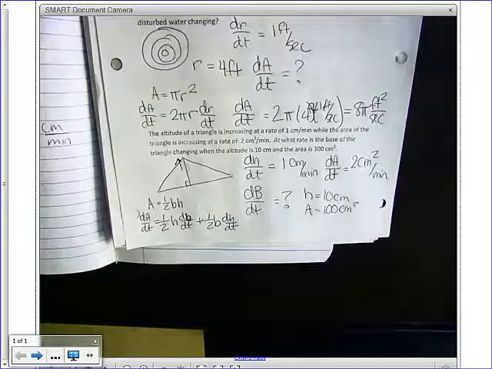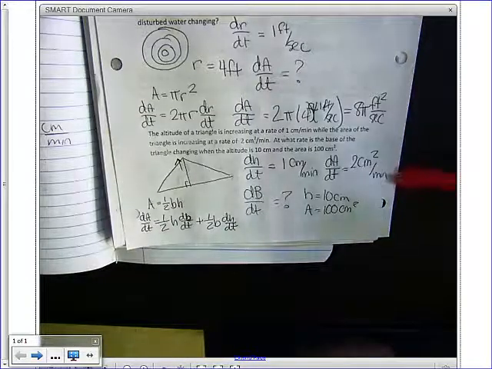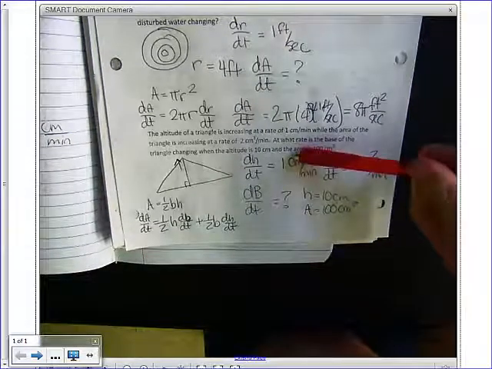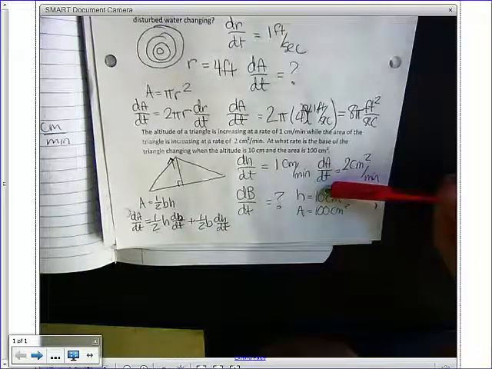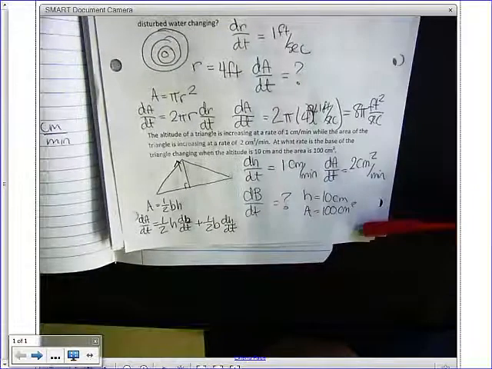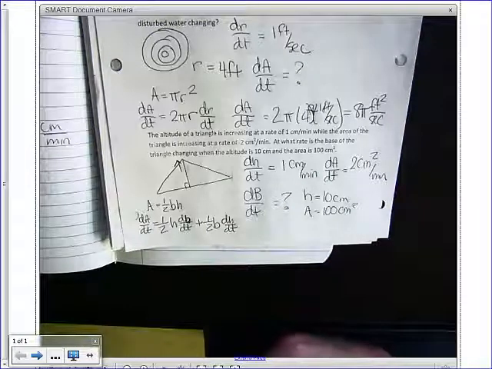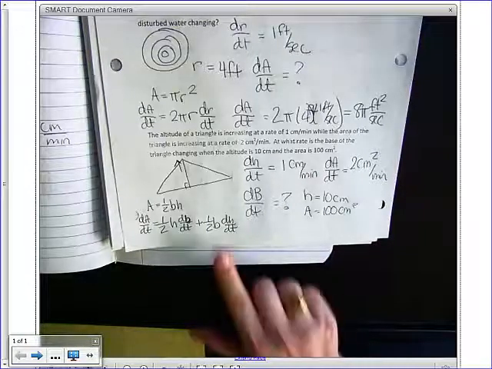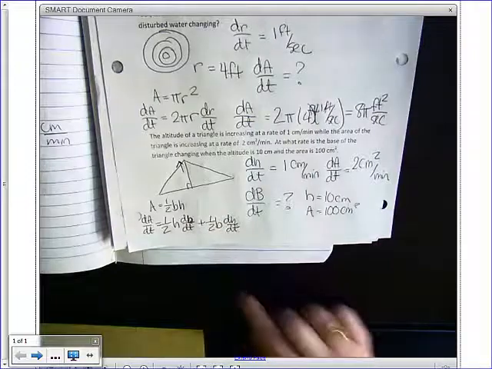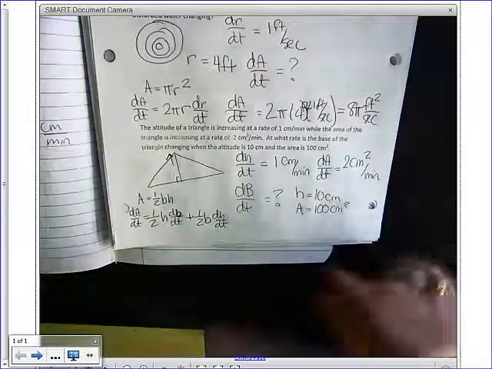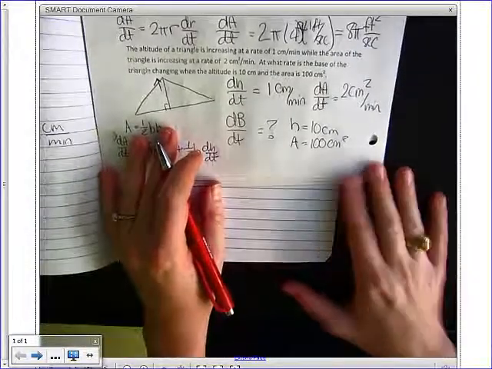Okay, let's see what I know to plug in. I know dA/dt, I know dH/dt, I know my height, I know my area, but I don't know my base. So I'm going to have to find the base. Let's figure out what the base is. We're going to have to do some algebra.